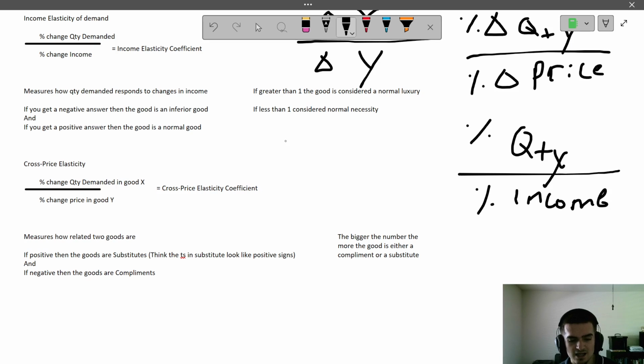So if you get a negative answer, that's going to be an inferior good. If you get a positive answer, then that's a normal good. If it's greater than 1, then the good is a luxury. And if it's less than 1, it's a necessity.